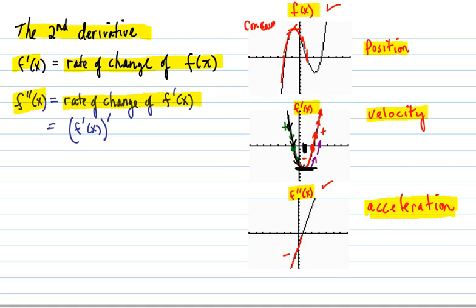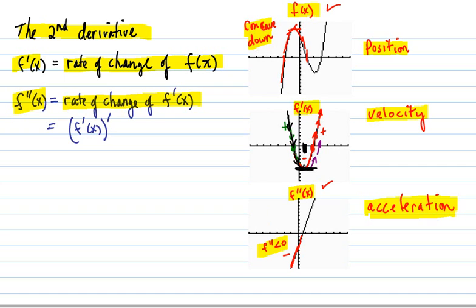Concave down. And the f double prime is negative there when it's concave down. So these two ideas match up. F double prime negative means that the original curve is concave down.